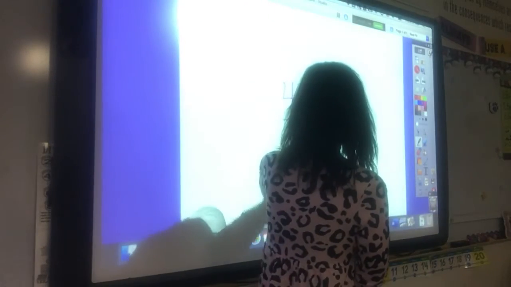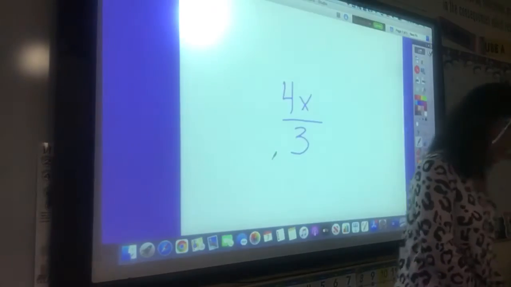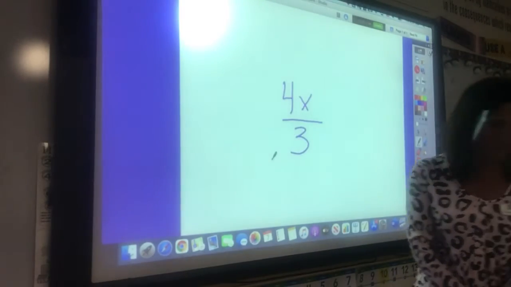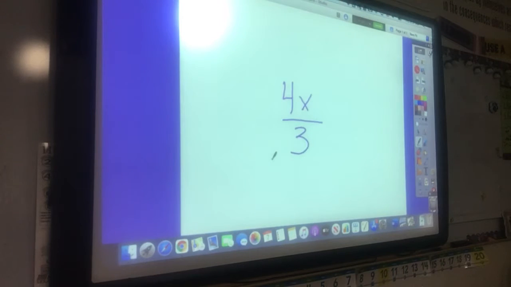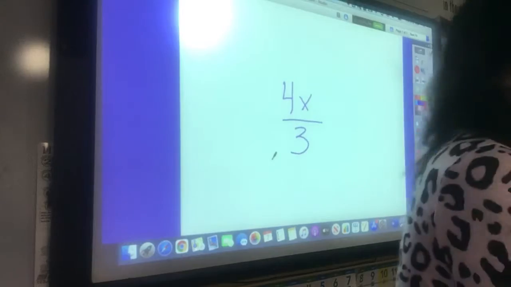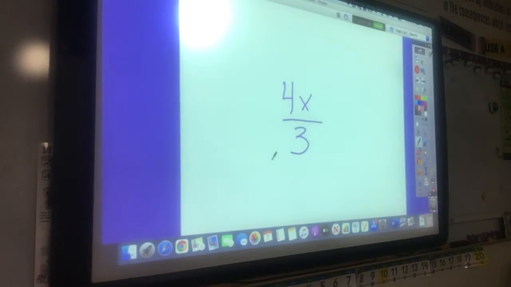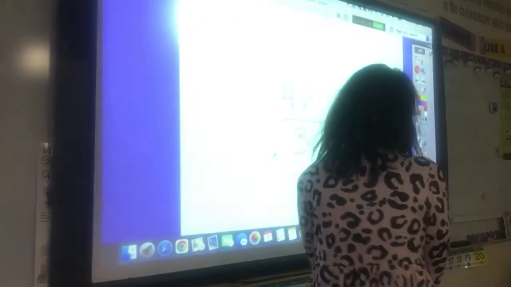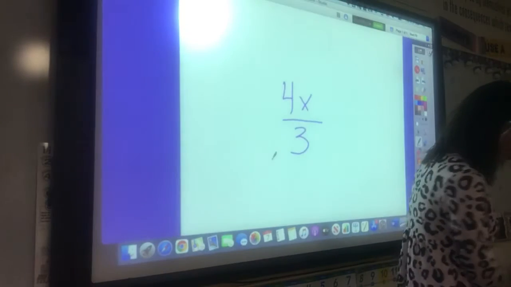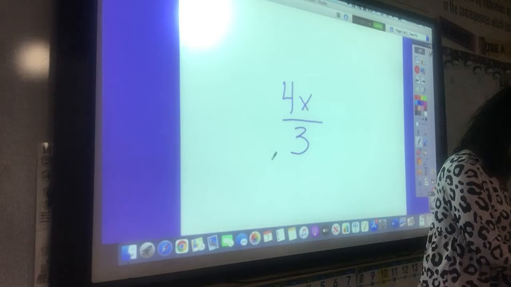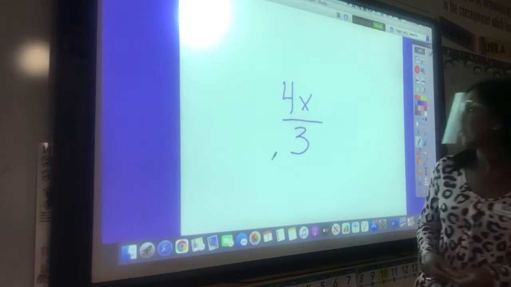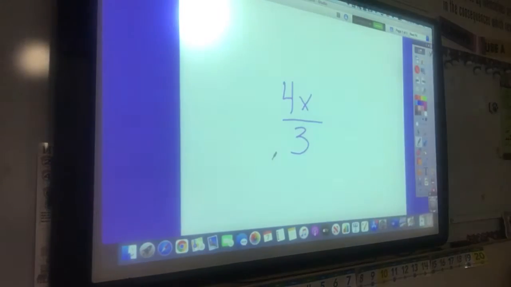We're going to evaluate for x equals 9. So you would say 4 times 9, get that answer, and then divide that by 3. What would we get? Caroline? 12. You would get 36 divided by 3, which is 12.